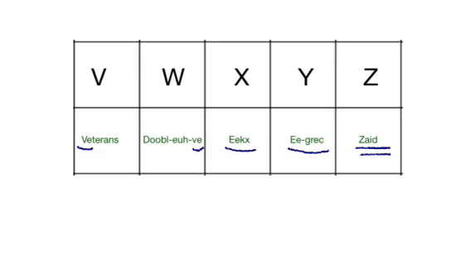Next and final set, V, W, X, Y, Z. So the letter V in English will be V in French. And to pronounce it, we can use the word veterans.